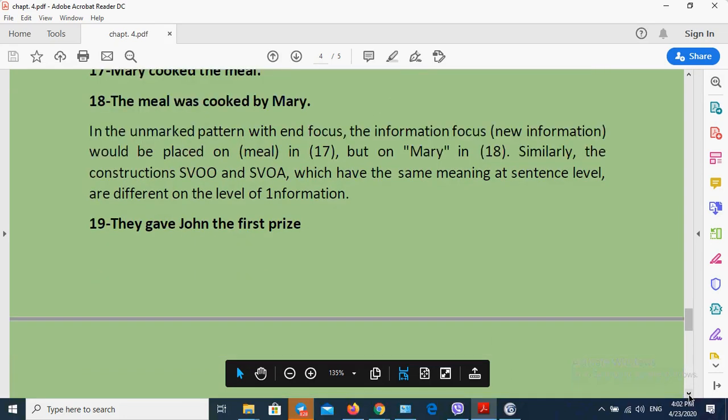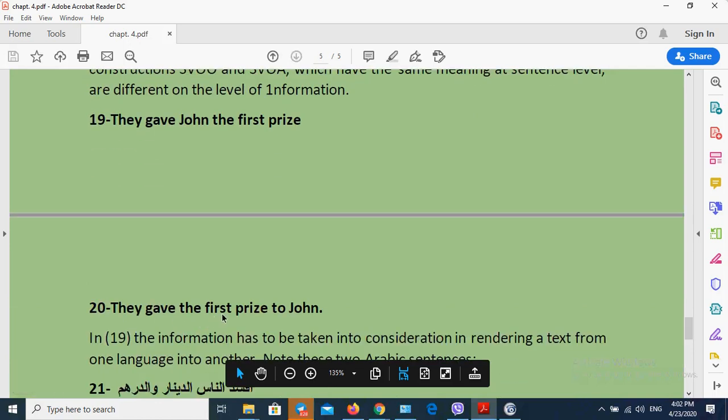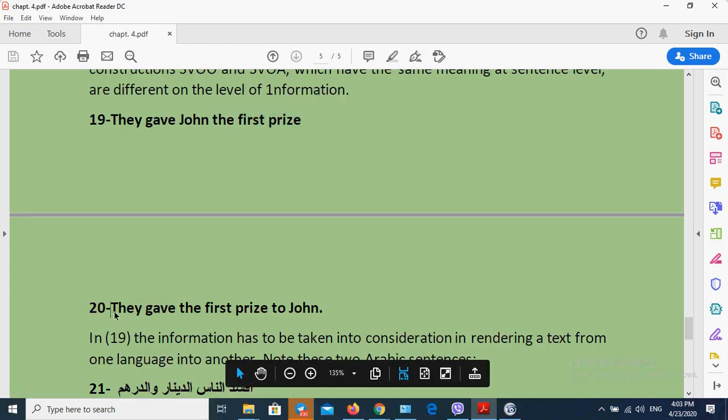Number 19: they have given John the first prize, and here they gave the first prize to John. This is the subject, the verb, the indirect object, and the direct object. John is the indirect object, and the first prize is the direct object.